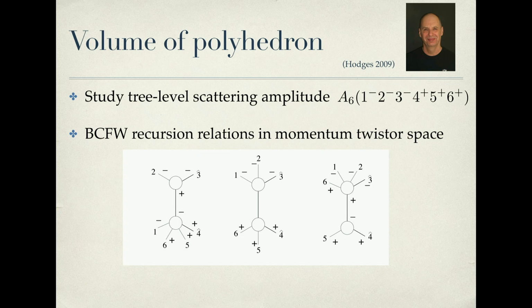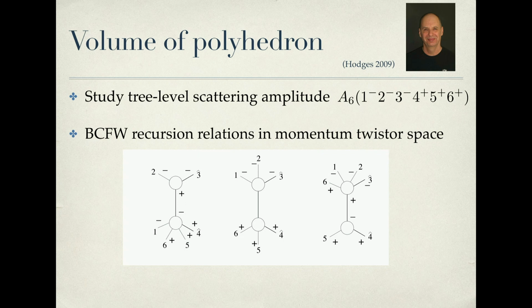So this was the amplitude 1 minus, 2 minus, 3 minus, 4 plus, 5 plus, 6 plus. We already discussed that amplitude before. He used BCFW recursion relations. There are 3 diagrams that contribute. The middle one is actually 0 for that particular helicity configuration, because here we have 3 minuses, and even if we put plus on the internal leg, it's still a vanishing 4-point amplitude, so there are only 2 contributing.